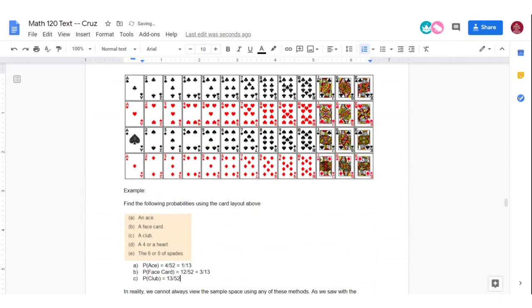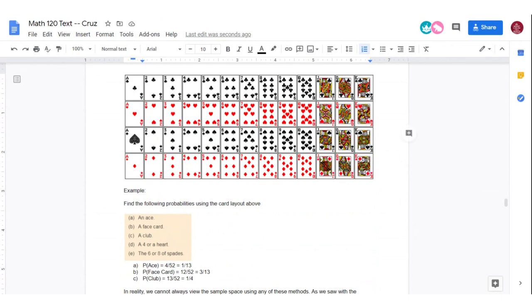And that means that reduces down to 1/4, right? And another way to look at probability is what's called proportion. It's really the same thing. Proportion, in this case, 1/4 of the deck are clubs. And you can kind of see that visually by looking at that.